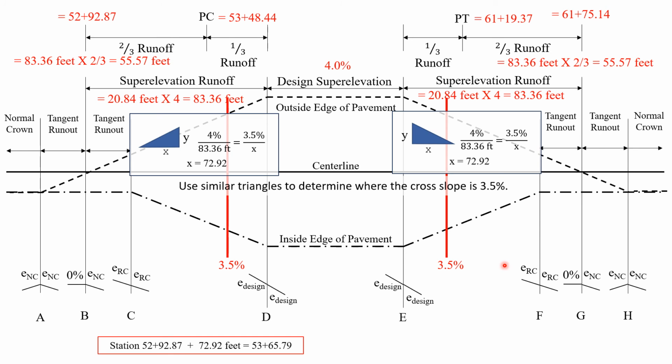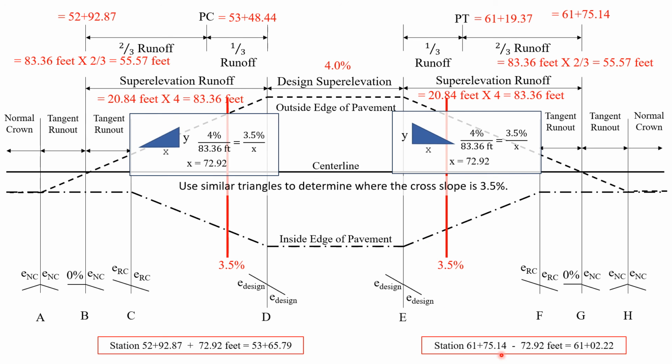Now moving to the PT side of the curve, we have our similar triangles. We're going to set up that similar triangle. The X again is going to be the same as it was on the PC side, 72.92 feet. We're going to subtract that now because we had our adverse crown removed station here, and we're going to subtract back to get to our 3.5% cross slope.